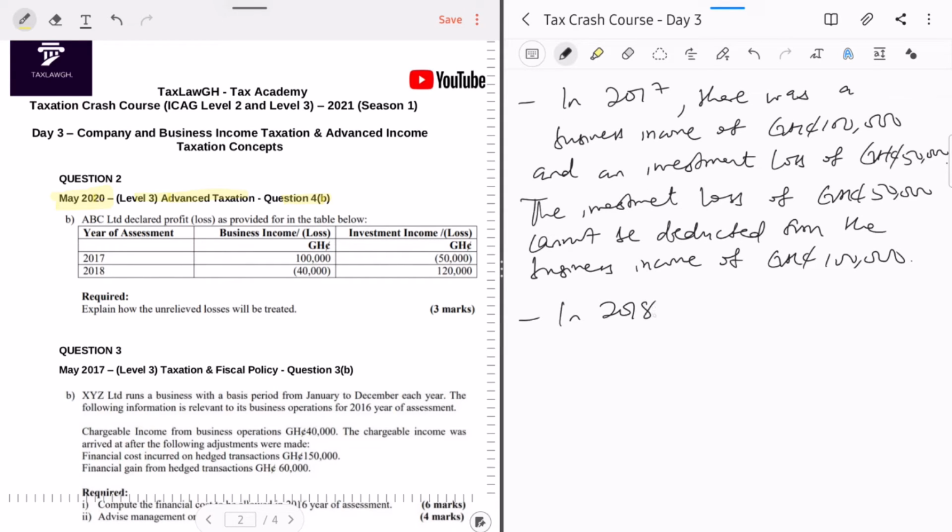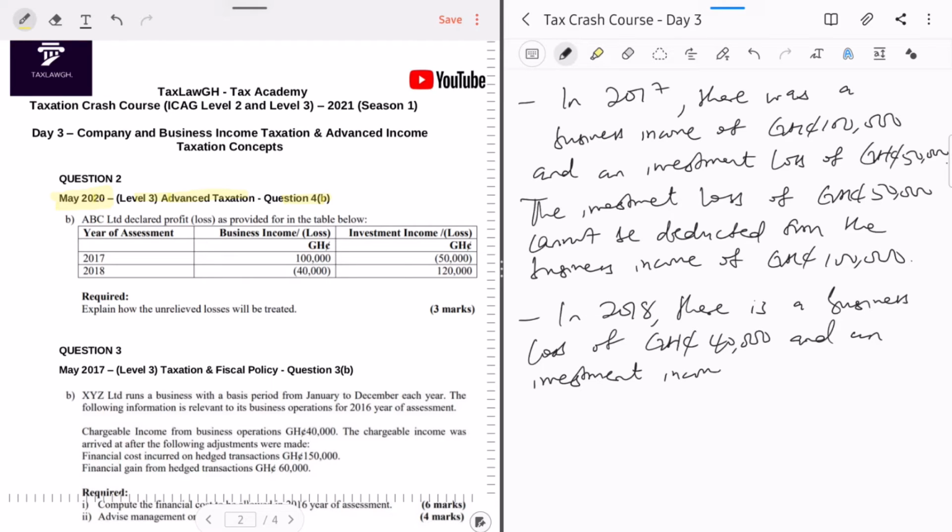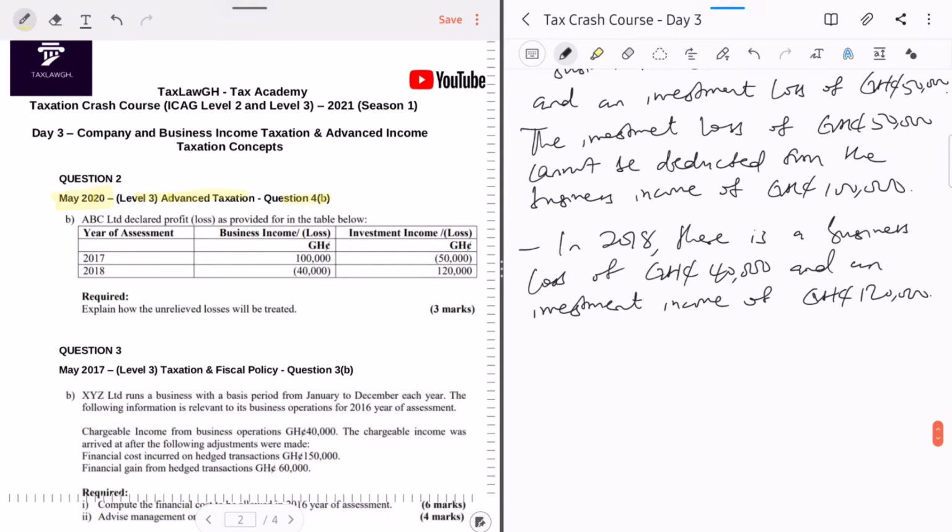In 2018, there is a business loss of 40,000 and an investment income of 120,000 cedis. Remember, I told you that if it's this way, then you can offset.